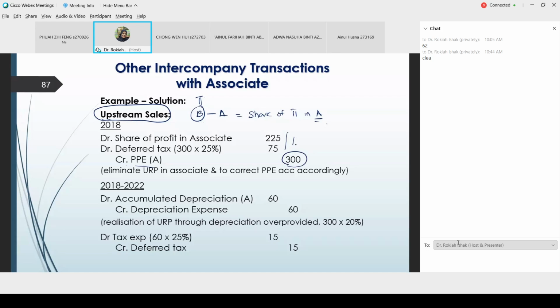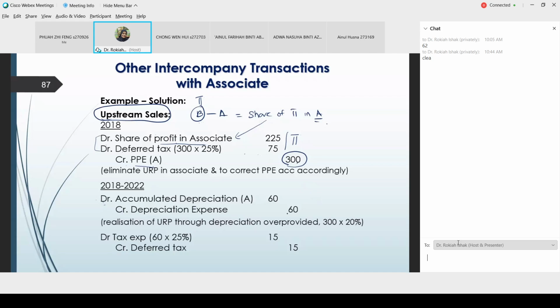They credit the PPE and debit the share of profit. This profit is also subject to tax, so from that 300, the share of profit is only 225, and the deferred tax is 75.